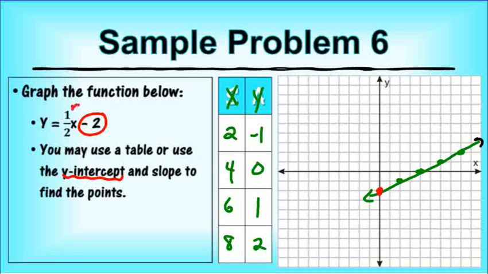That means rise over run. So I go up 1 over 2. Up 1 over 2, up 1 over 2. And then if I draw my line, you can see that it's the same as what I did with my table. So that's just another way of graphing a linear function.